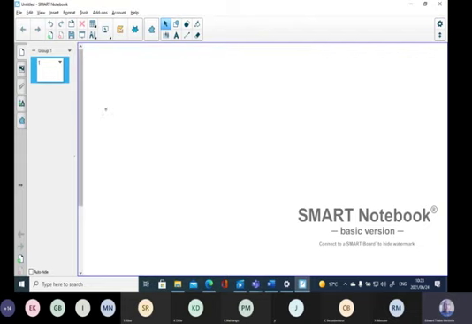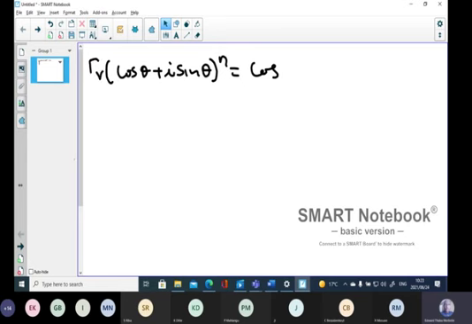Okay, we said cos theta plus i sine theta to the power n is equal to, let me put r, so that's what we said.